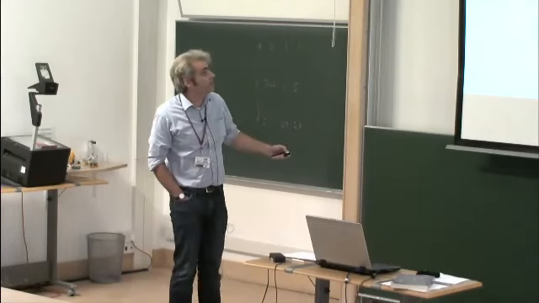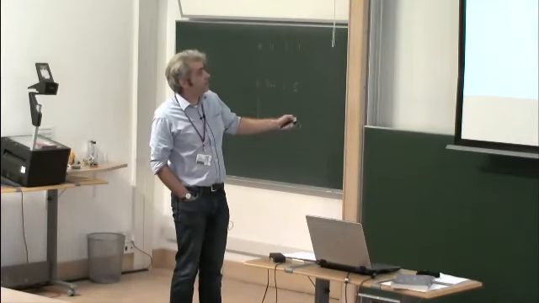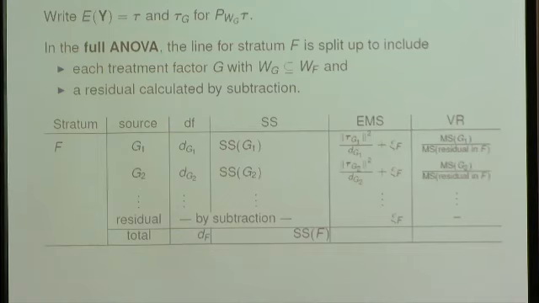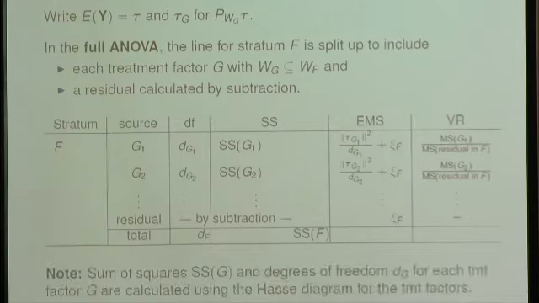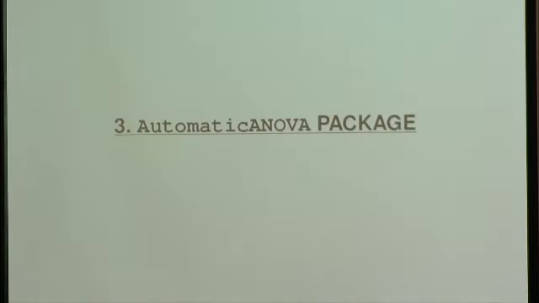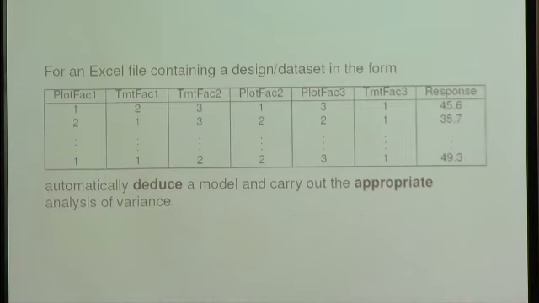And the important thing is that every effect here in a stratum is tested against the mean square for the residual in that particular stratum. Okay, so now, I've spent perhaps too much time on that.